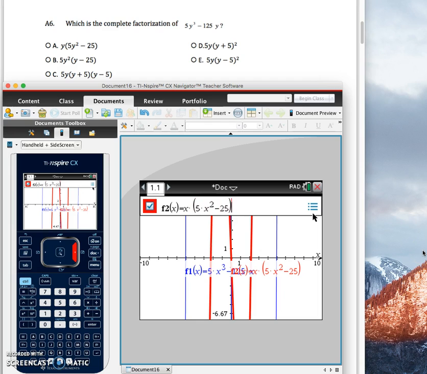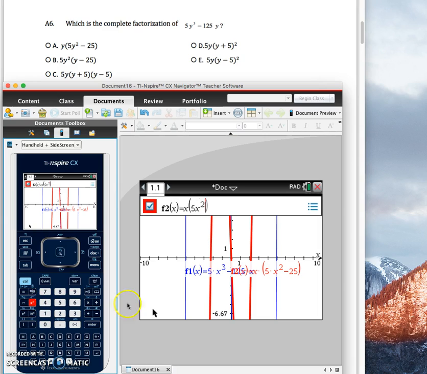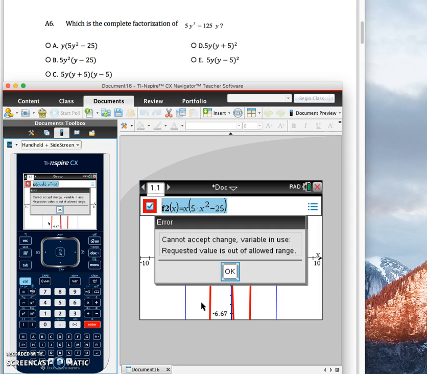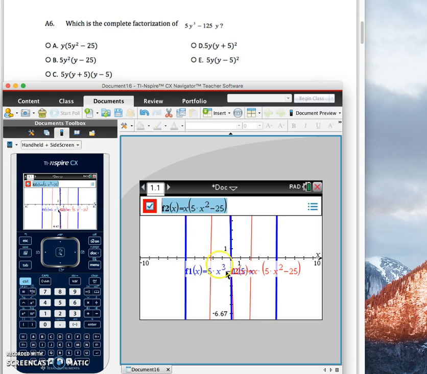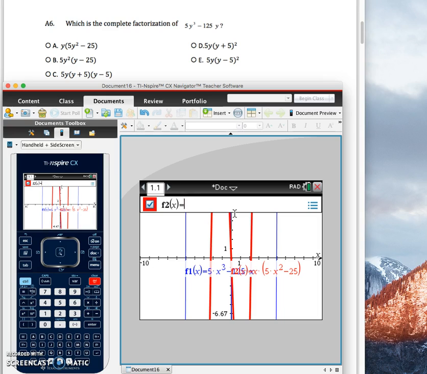I'll delete all this and just put x, parentheses 5x squared, subtract 25, close parentheses, enter, and notice there was this issue. We already know this one doesn't work, but I would make sure I put parentheses around the first value no matter what.